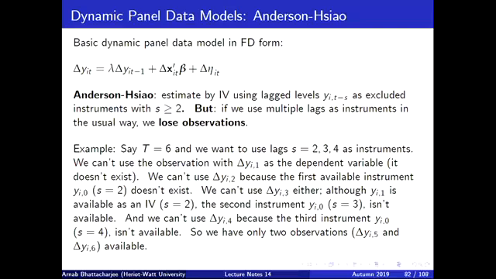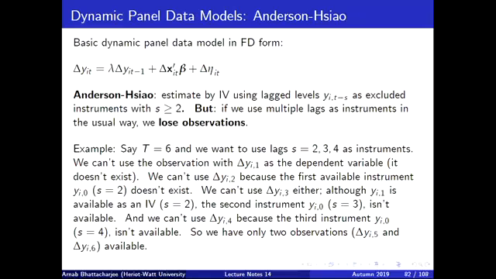So really, we can start using data from period T equal to 3. So we have lost 2 observations, at least. And if we follow Anderson-Hsiao and take several of these lags, we are going to lose even more observations.